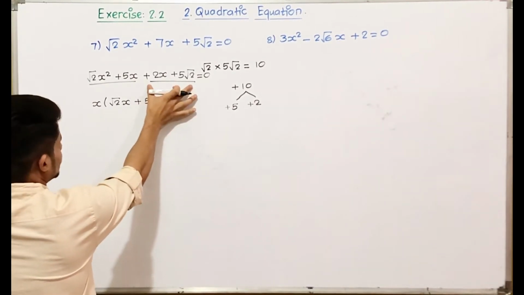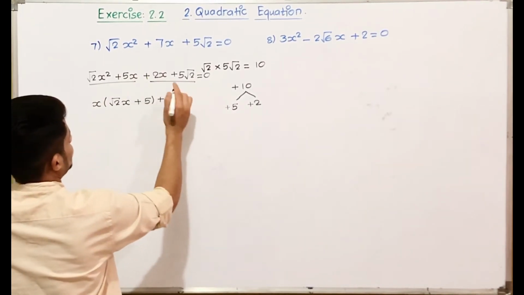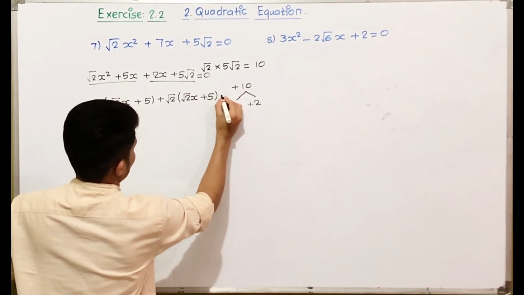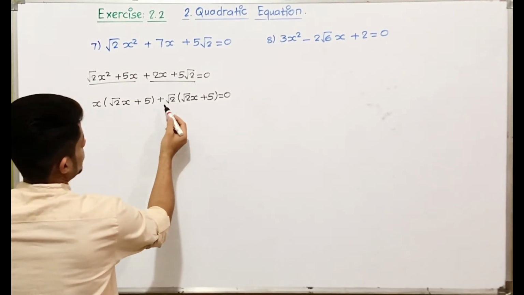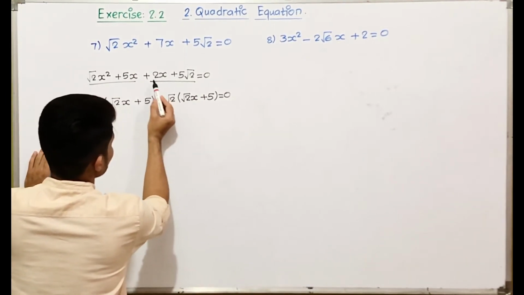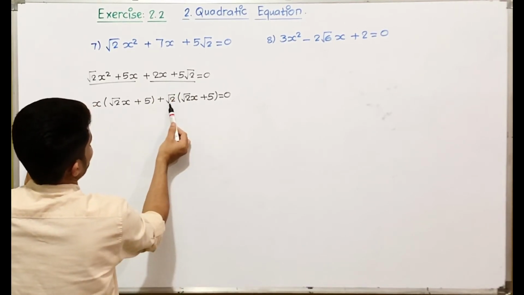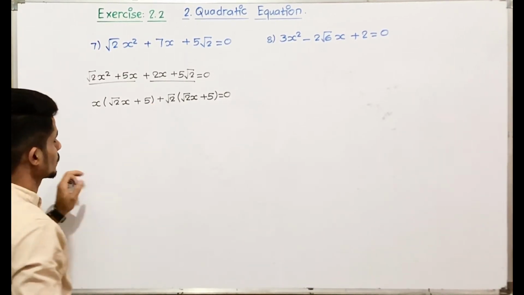Plus, in the next two terms √2 is common, remaining is √2x + 5, equals 0. Why is √2 common? Because √2 into √2x is 2x, and √2 into 5 is 5√2. So √2 is common.